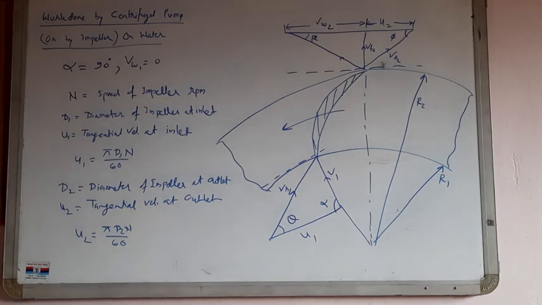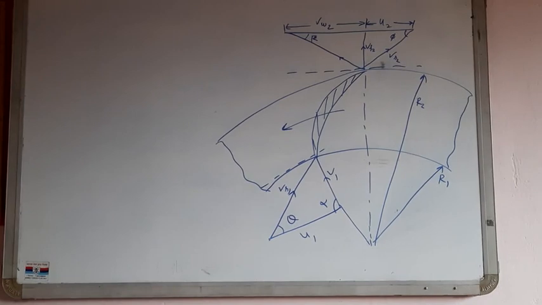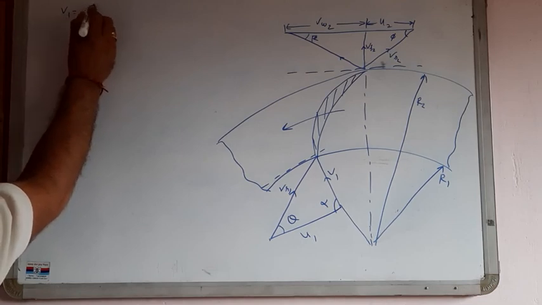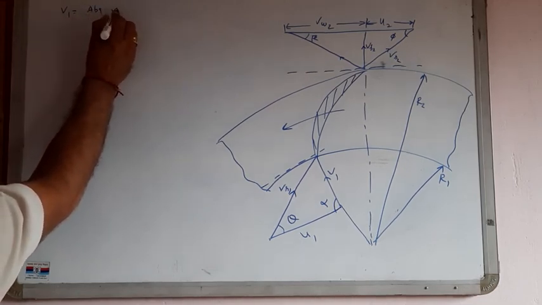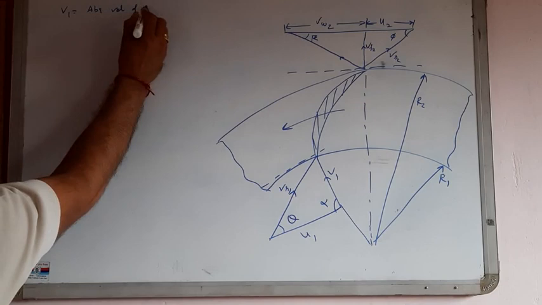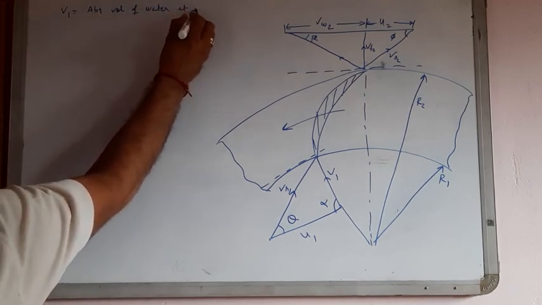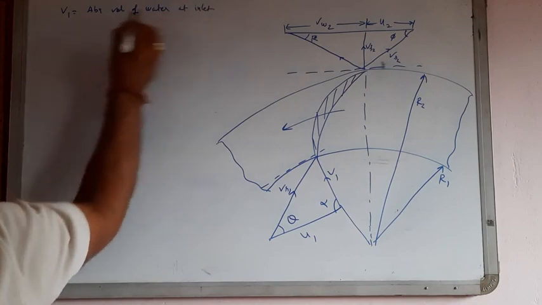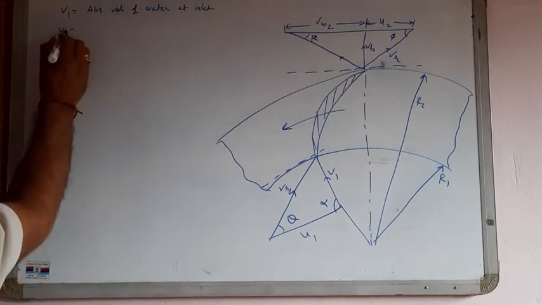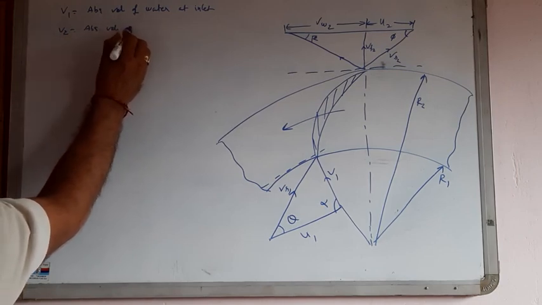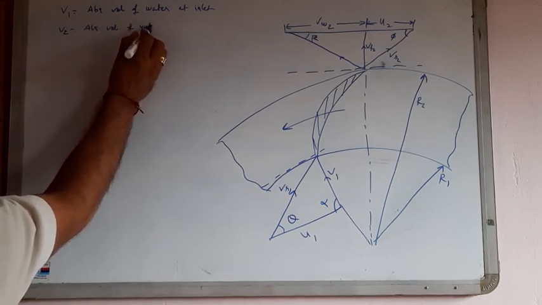Then next, V1 is absolute velocity of water at inlet. V2 is absolute velocity of water at outlet.